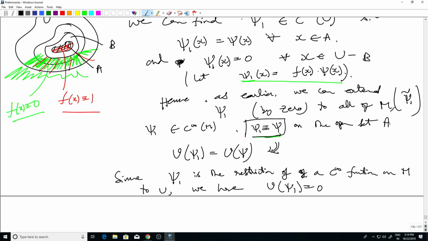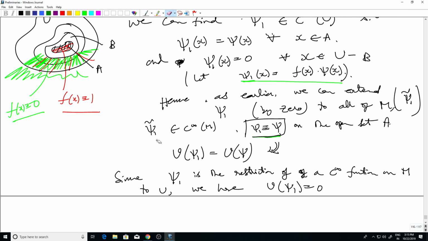C1 tilde of x is 0 if x does not belong to U, and inside U it agrees with C1. So C1 tilde belongs to C infinity M, and C1 tilde is identically equal to C on the open set A. These two agree on the open set.